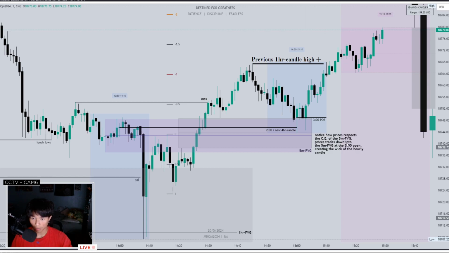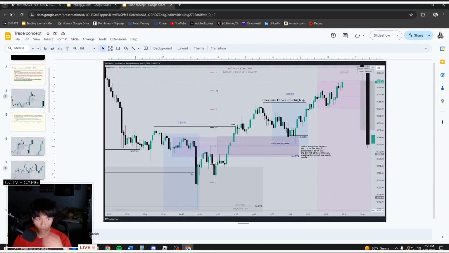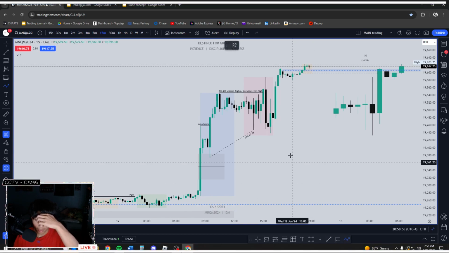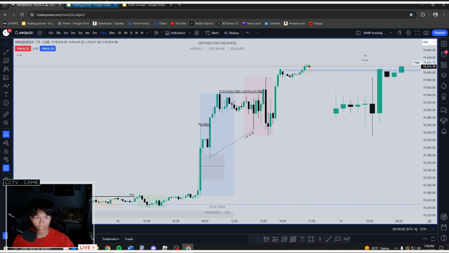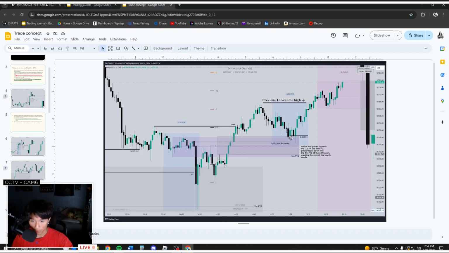Price trades down into the 5-minute fair value gap at the 3 p.m. open, creating the wick of the hourly candle. So like before, we open at 3 p.m., create the low, high, close. That's what I'm anticipating for that next hourly candle to be like. So we open, low, tap into the 5-minute fair value gap, and then high, taking out that previous hourly candle high.